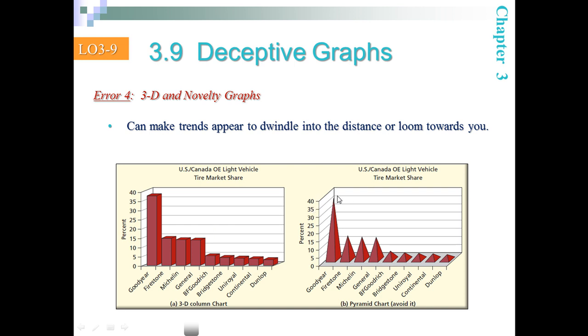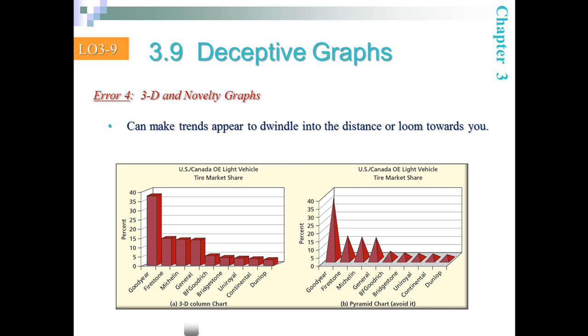Where does it hit? I can't even tell where it hits, and then follow that forward over here. This is not that much different. You have to go straight back here, hit it here, and then come right up here. So if you're doing these sorts of things, don't get fancy with the 3Ds, and the novelty graphs are annoying at best and misleading at worst.